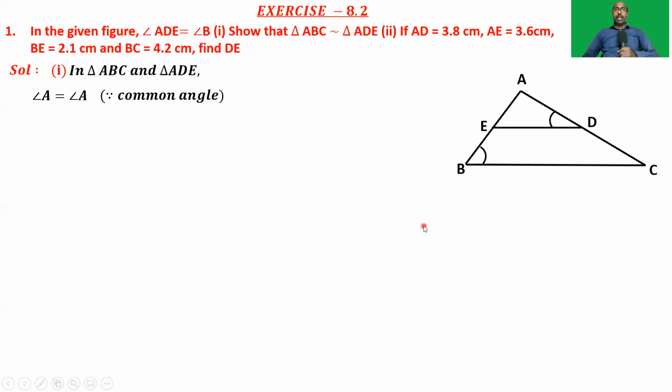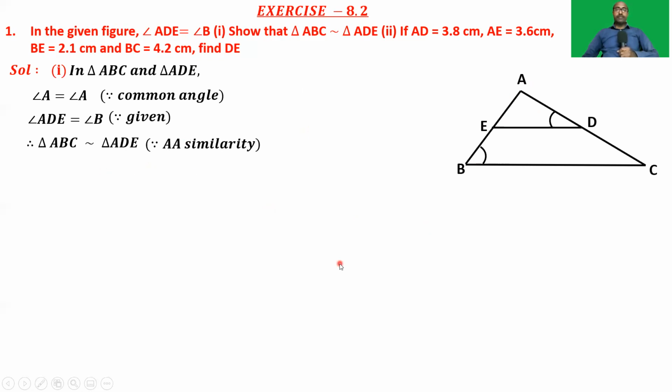And also it is given that angle ADE is equal to angle B, which is given in the problem. So by AA similarity, that is angle similarity, triangle ABC is similar to triangle ADE. So this is the first result we had to prove.